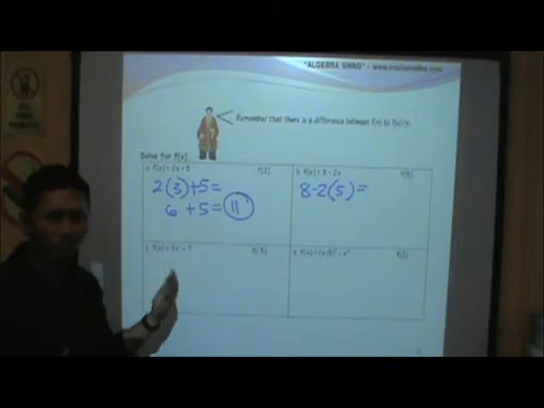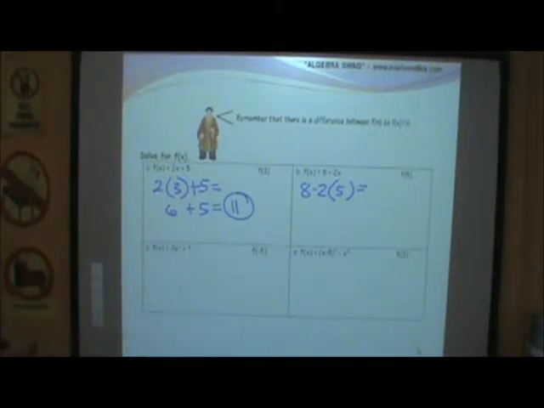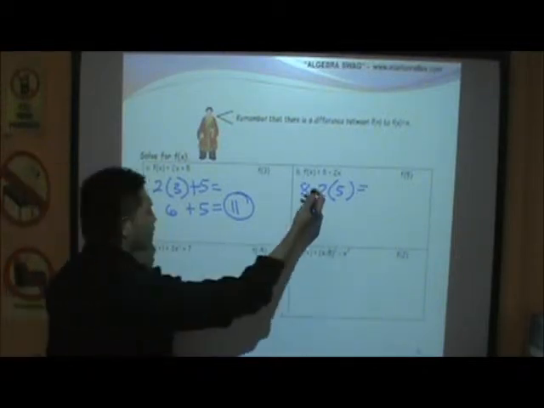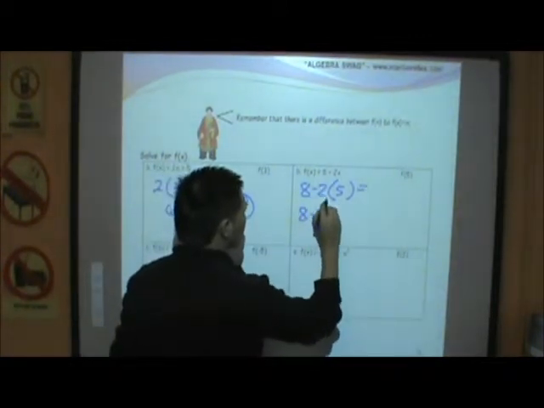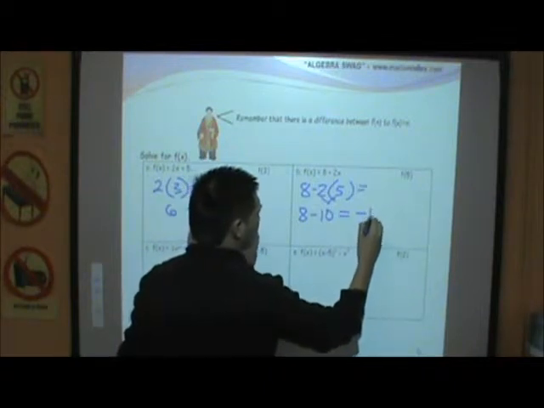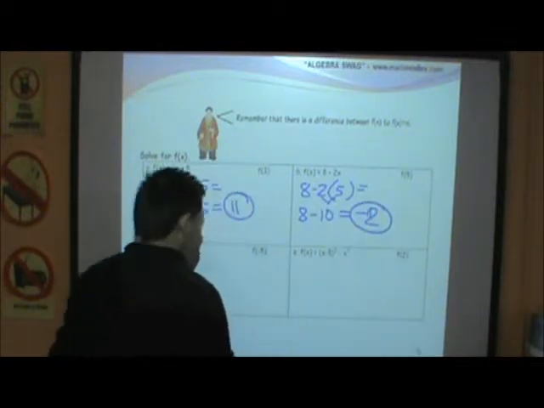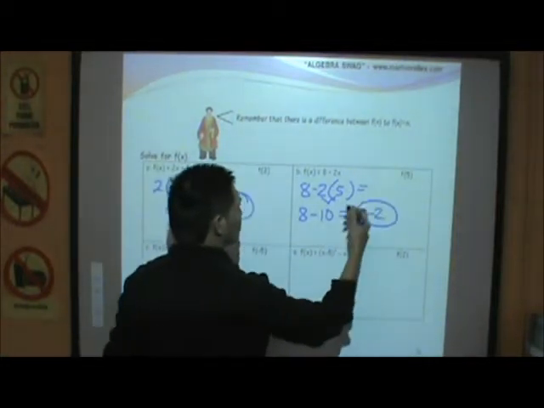Just plug in 8 minus 2 times 5, then hit enter. But for this one, let me help you. We have 8 minus, negative 2 times 5 is negative 10, which is going to give you negative 2. That's the final answer, negative 2.